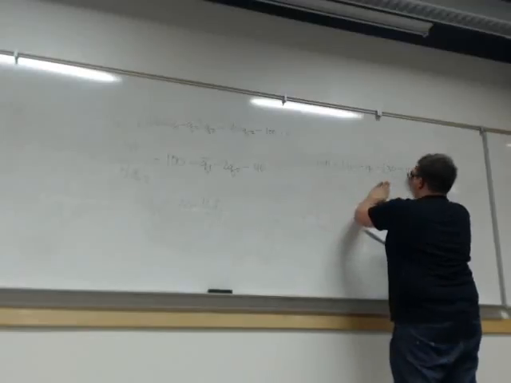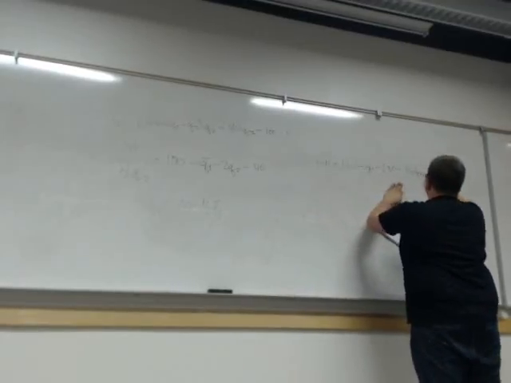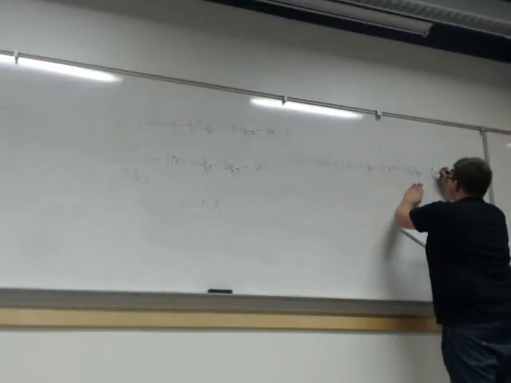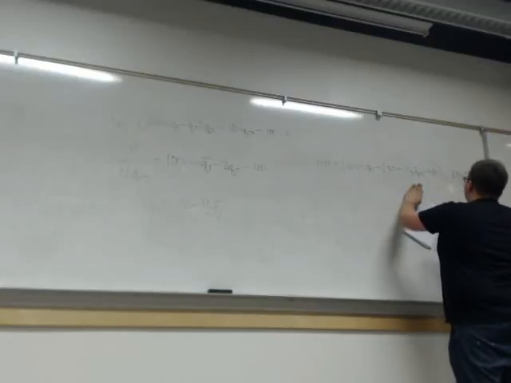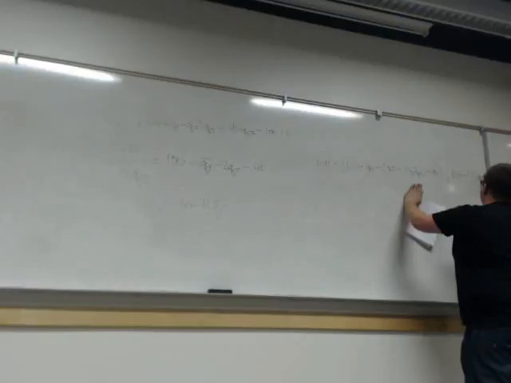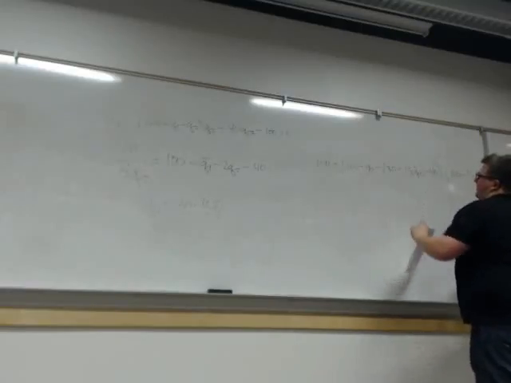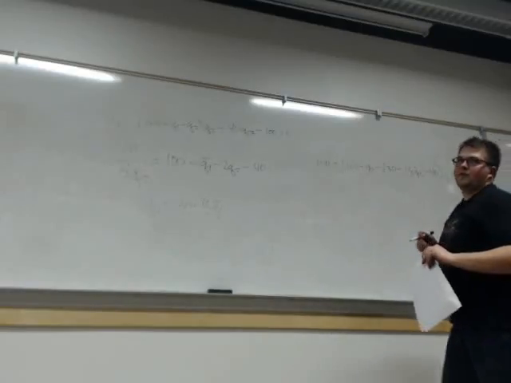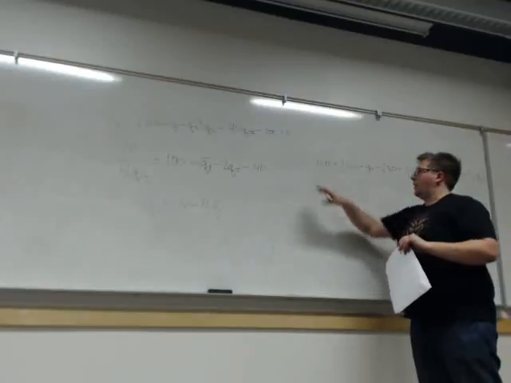30 minus 1/2 Q1 bar times, let's see, minus 40 times 30 minus 1/2 Q1 bar. Right? All right, move the 100 to the other side.